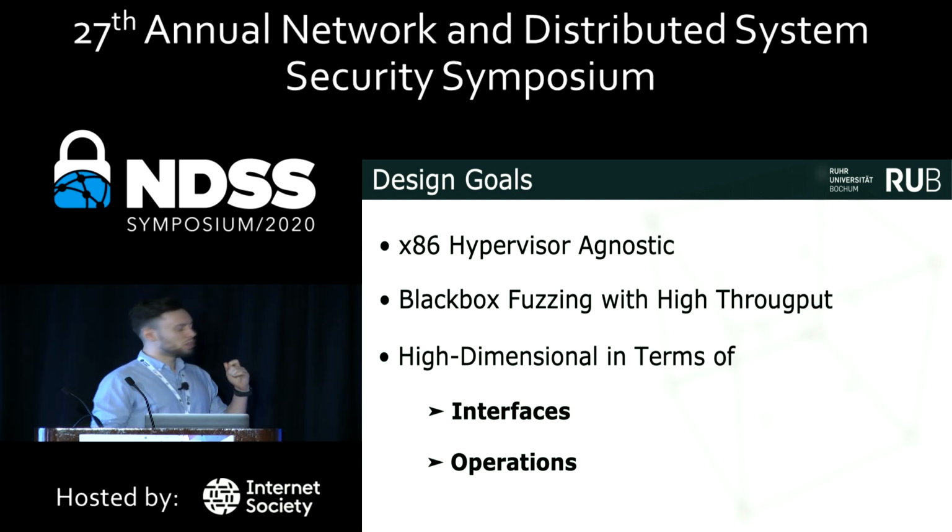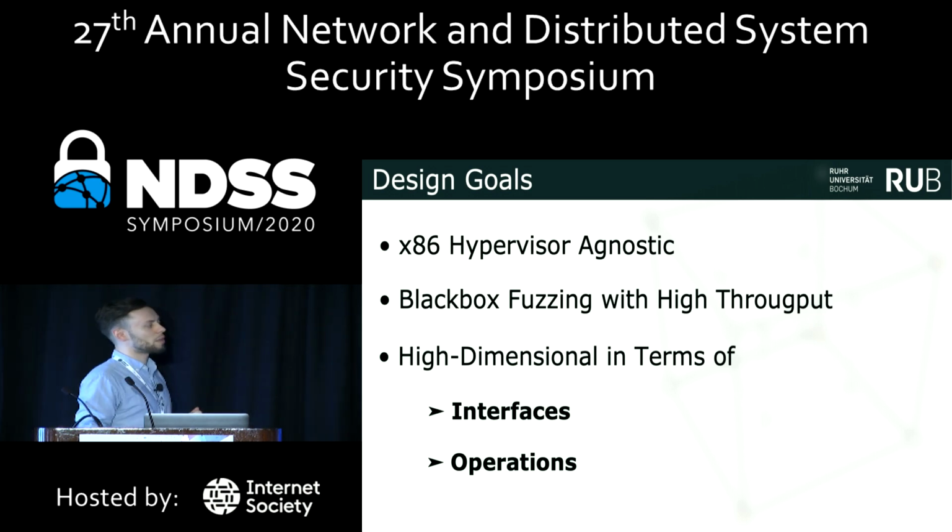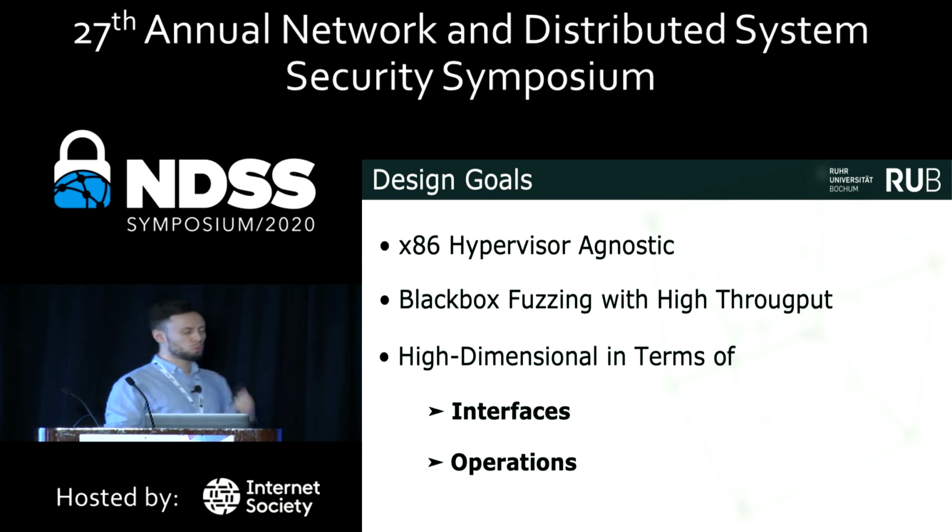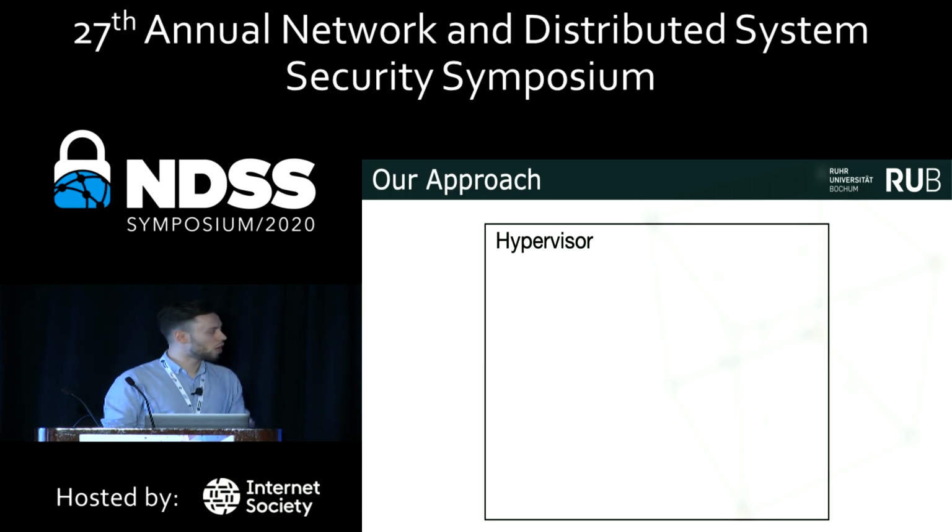Second, if you rely on black box fuzzing, then you can implement something which we called high throughput. You can basically accelerate fuzzing if you don't care about coverage information and so on. And we also wanted to build a fuzzer which is able to fuzz multiple interfaces and perform different operations on those interfaces.